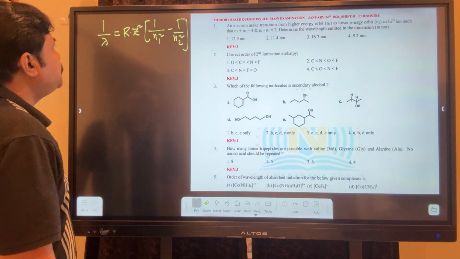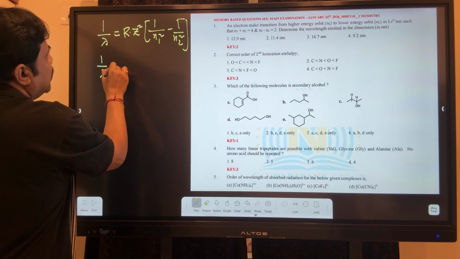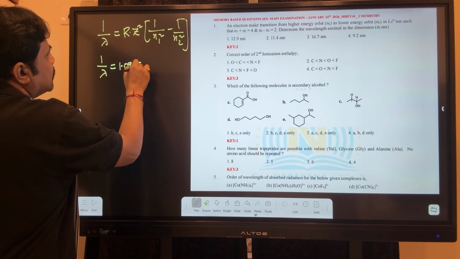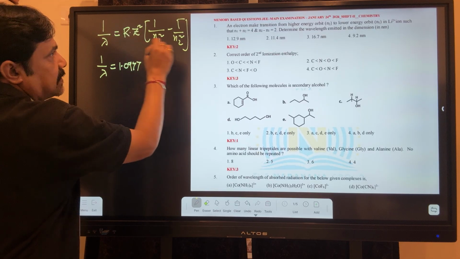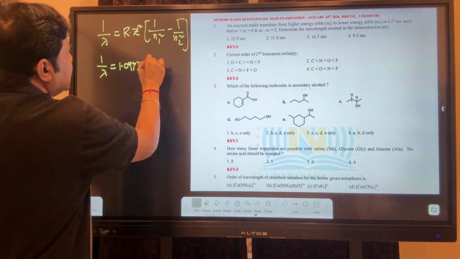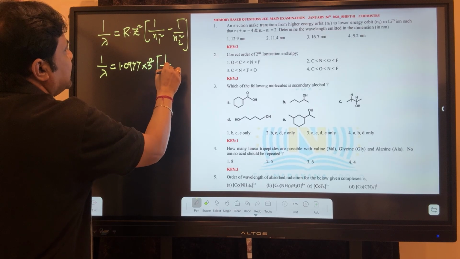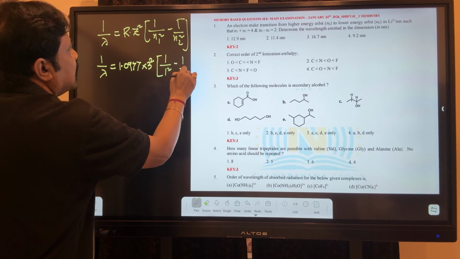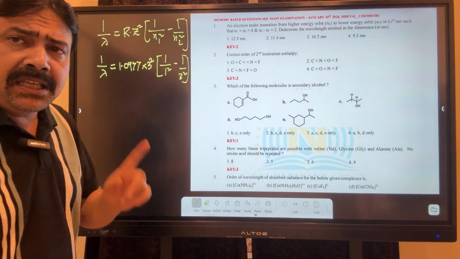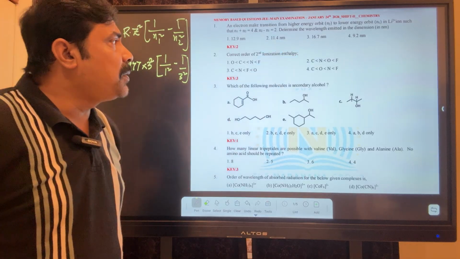Rydberg constant is 1.0977 into 10 to the power 7 meter inverse. Z square: for Li2+, lithium's atomic number Z is 3, so 3 square. Then 1 by 1 square minus 1 by 3 square, that means 1 minus 1 by 9. From this equation you will get lambda in meters, then convert to nanometers and you will get your answer, 11.4 nanometers.